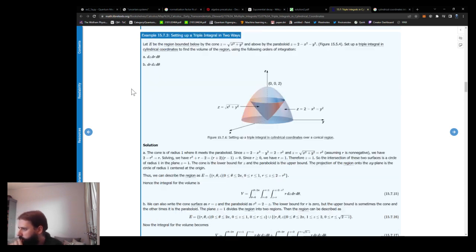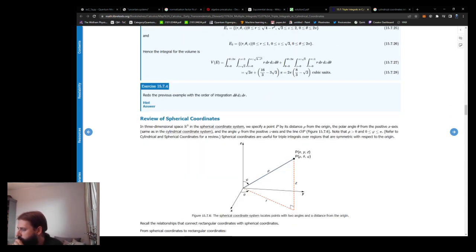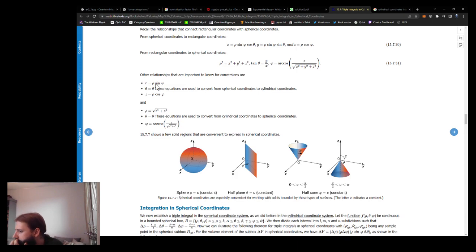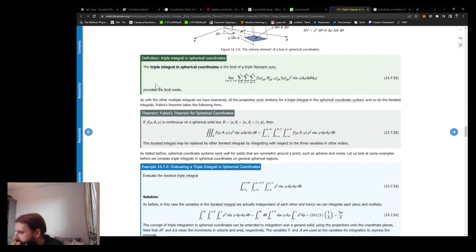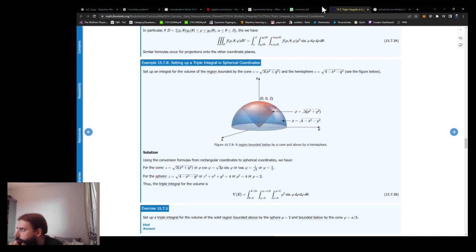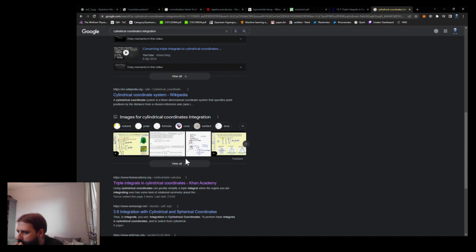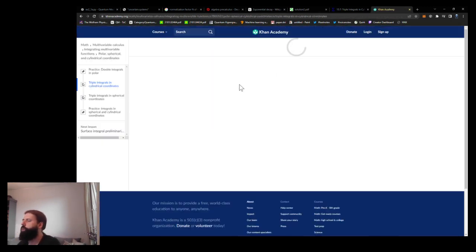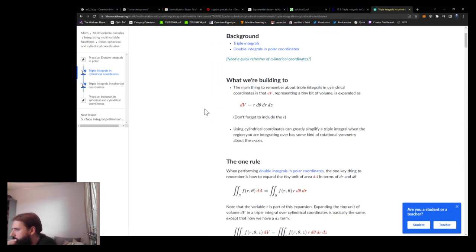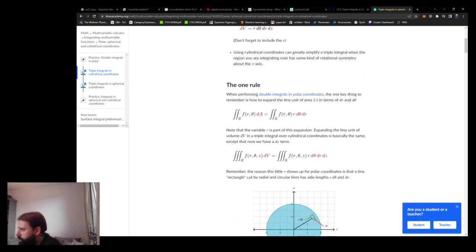Cylindrical coordinates. I like this one. It's r d theta dr. D theta dr dz.